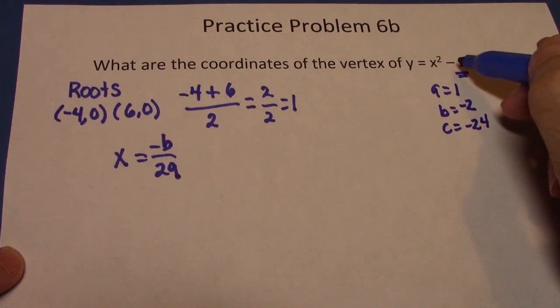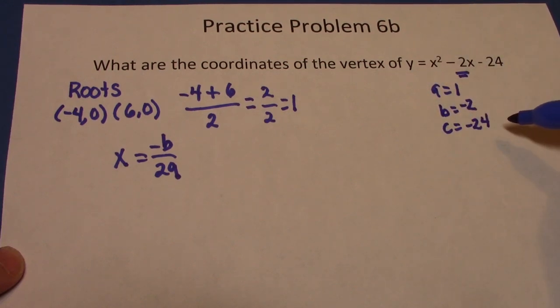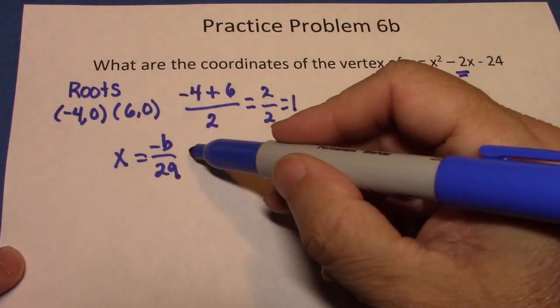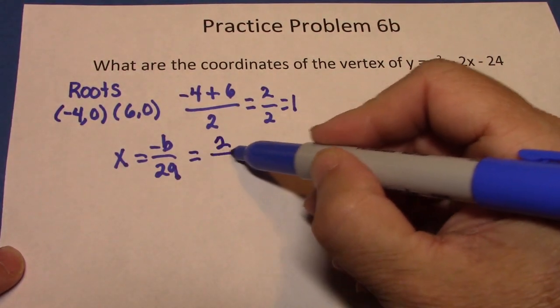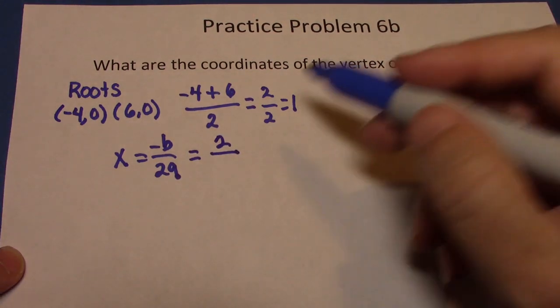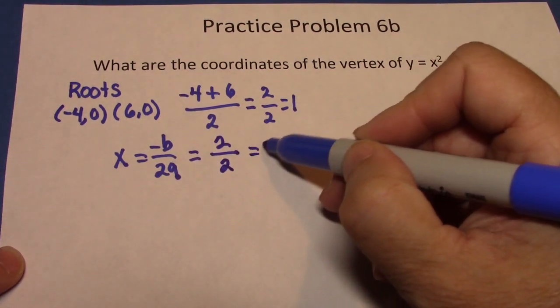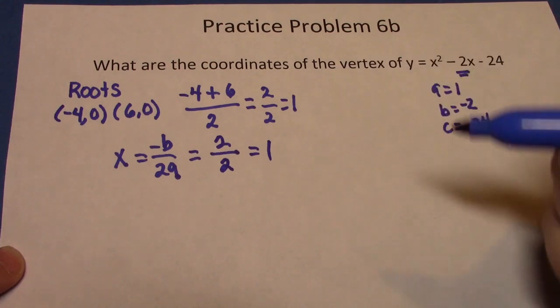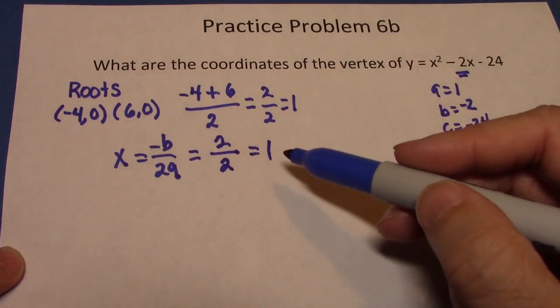Again, taking those coefficients from the original equation. So if B is negative 2, then the opposite of B, negative B, is positive 2, and 2 times A, also 2, and that's 1. So that's two ways to find the x value.